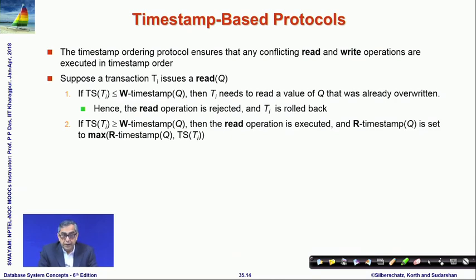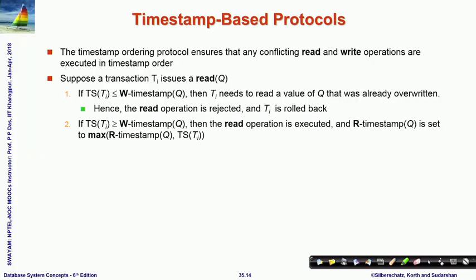Mind you, one confusion that may come to your mind is, are we looking at the exact time when the read or the write has happened? No, all of this reasoning is happening with the timestamp of the transaction, whenever it had started. So, it is an older transaction and a newer transaction that you are reasoning with.